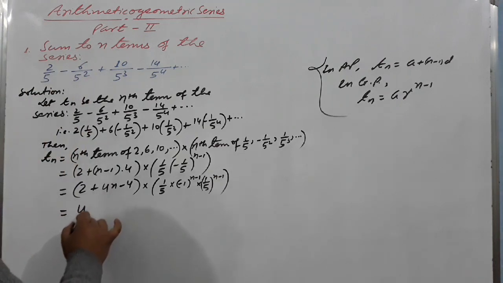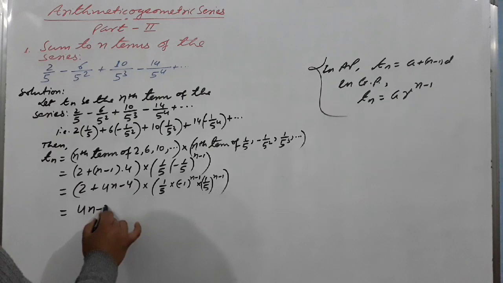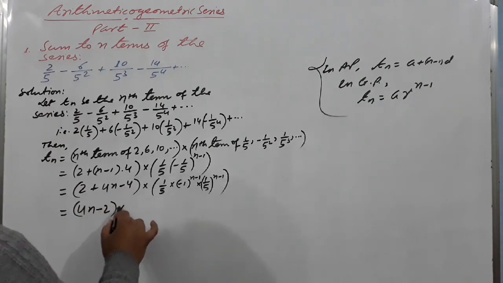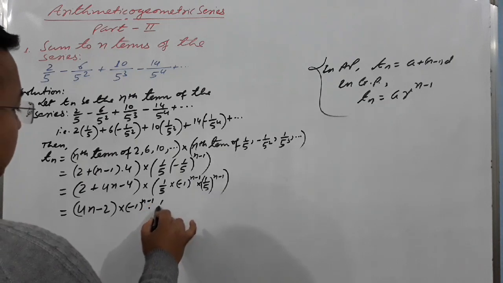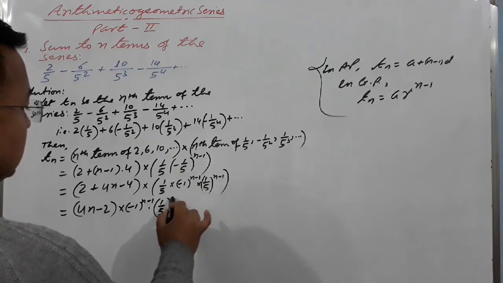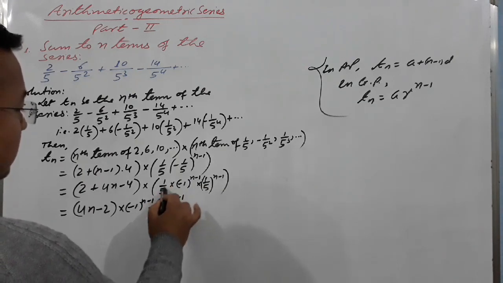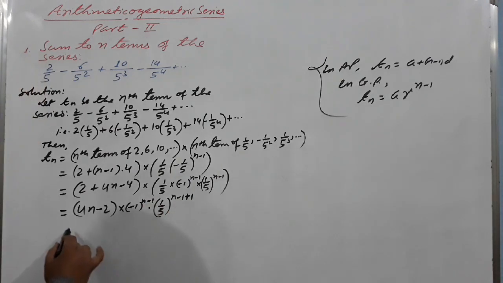is equal to 4n minus 2, and here minus 1 raised to power n minus 1 and 1 upon 5 raised to power n minus 1. Here the whole power 1 is plus 1.